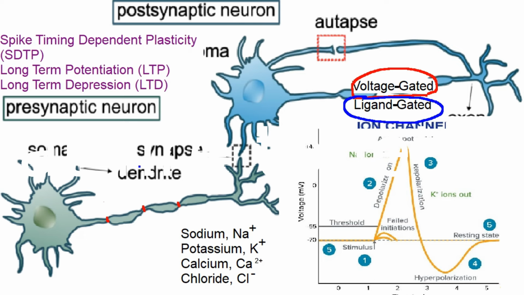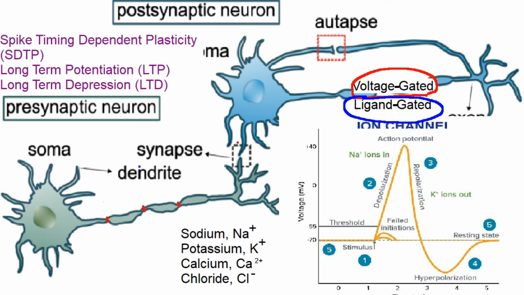Now let's talk about spike timing dependent plasticity, long-term potentiation, and long-term depression. STDP is a form of synaptic plasticity, where the strength of a connection between neurons depends on the timing of their activity. Now, the history of STDP is very, very immense. I'm not going to be going into it.